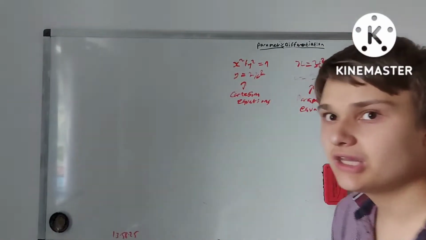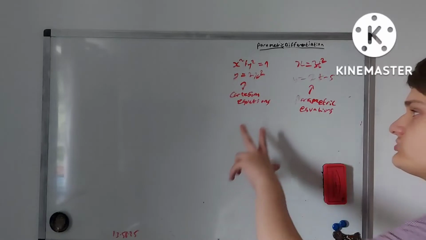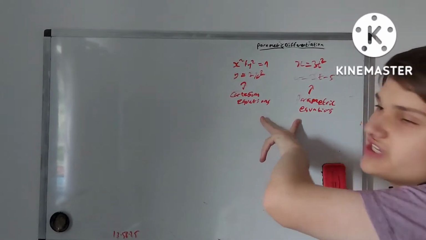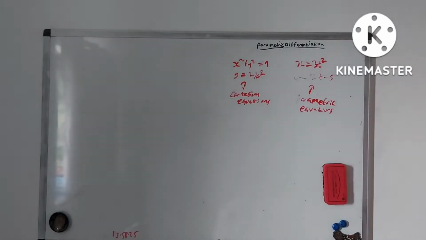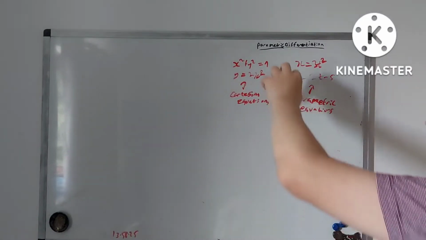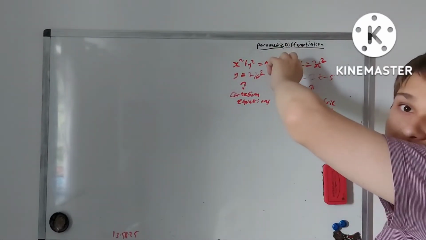It is fundamental that you know the difference between Cartesian and parametric equations and be able to convert between the two, because you might get a question where it actually wants the gradient function of this set of equations.